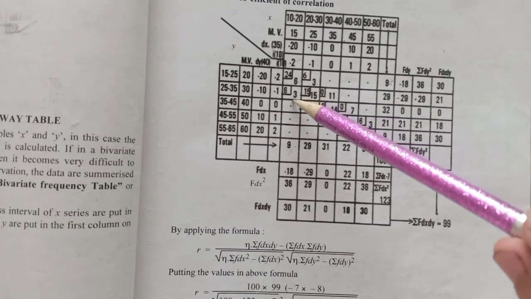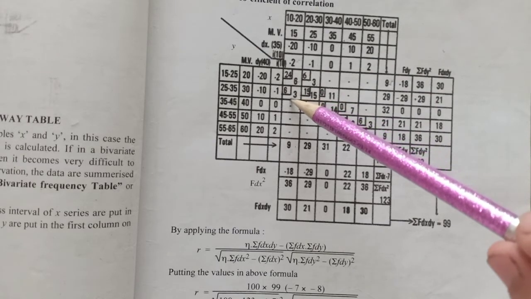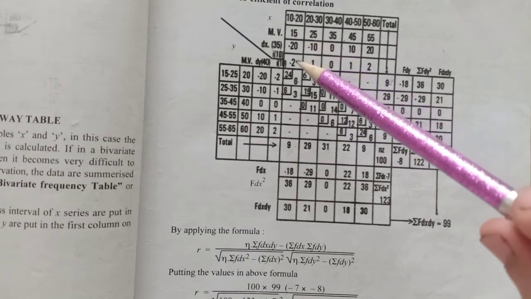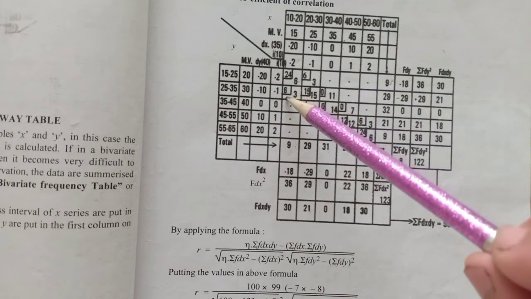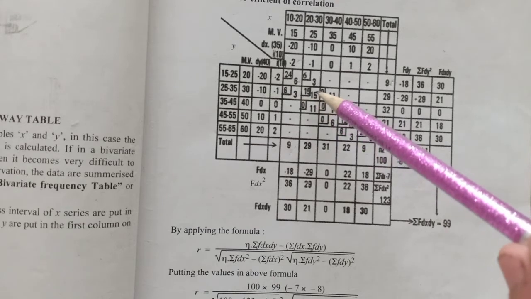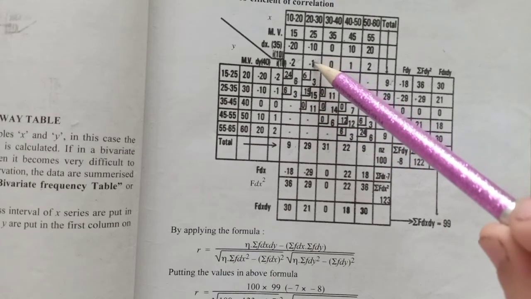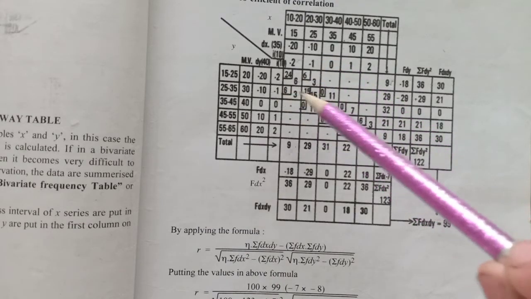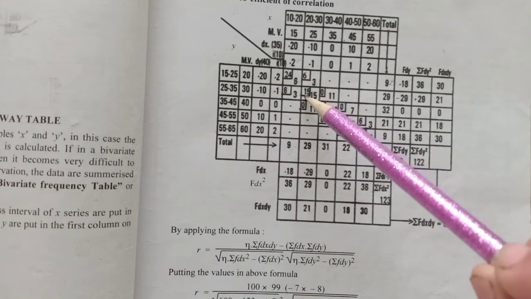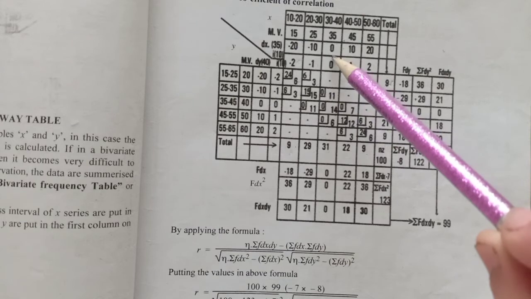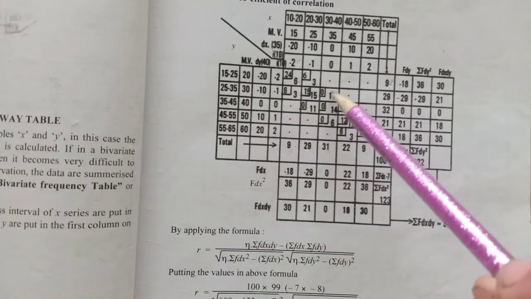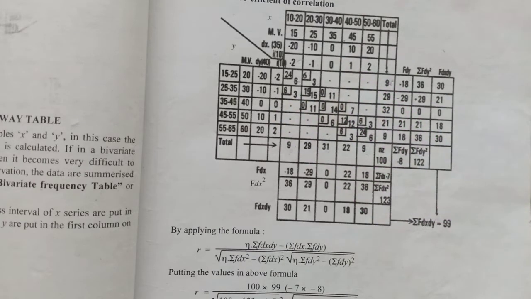The next frequency here is 3. 3 into minus 2 is minus 6. Minus 6 into minus 1 is plus 6, which is written here. 15 into minus 1 is minus 15. Minus 15 into minus 1 is plus 15. Whatever is multiplied with 0 is 0. So here we write 0.